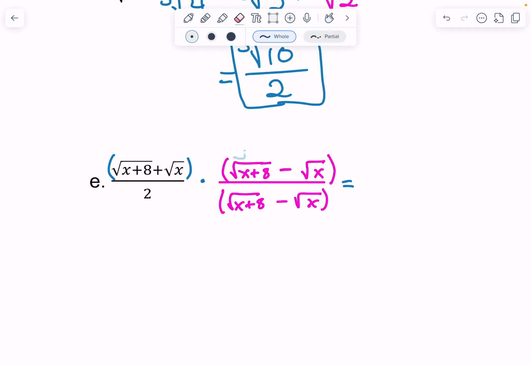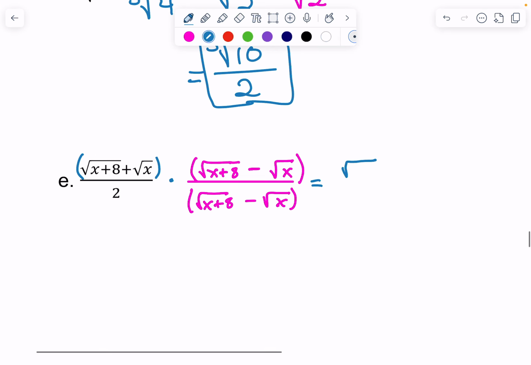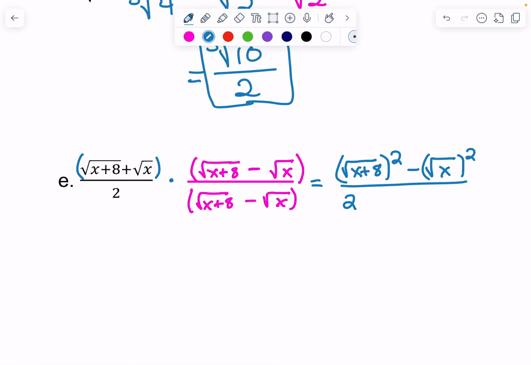And so I'm not going to worry about those. I'm just going to take my firsts, which are going to be the square root of x plus 8 squared minus the square root of x squared, all over 2 times the quantity square root of x plus 8 minus square root of x.